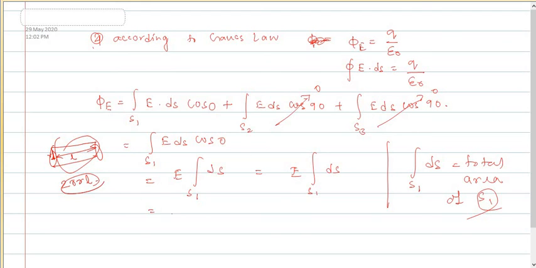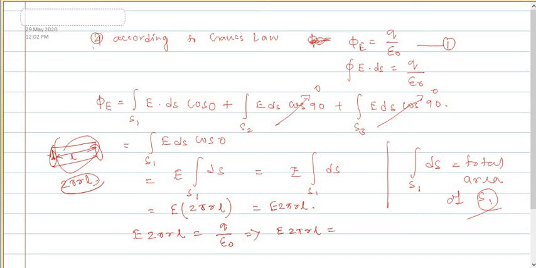So you can put the value here, E into 2 pi RL, that is equal to E 2 pi RL, the flux linked. So we can put this value into this equation 1. If we put it in equation 1, then E 2 pi RL is equal to Q by epsilon naught.